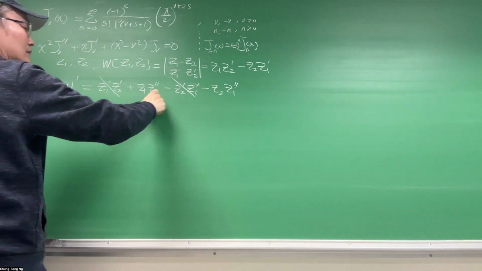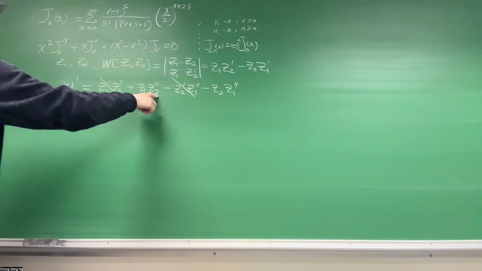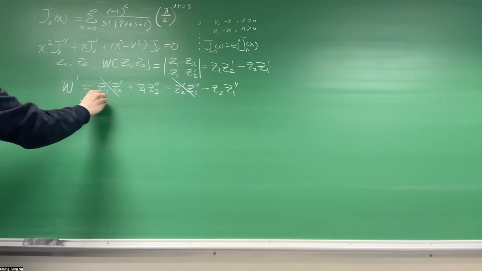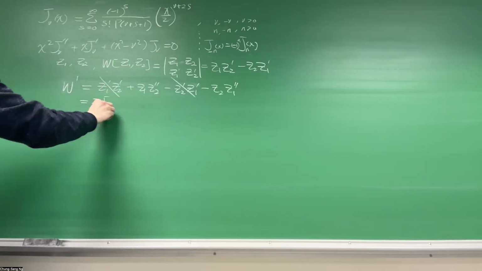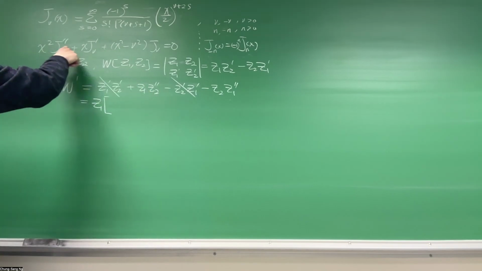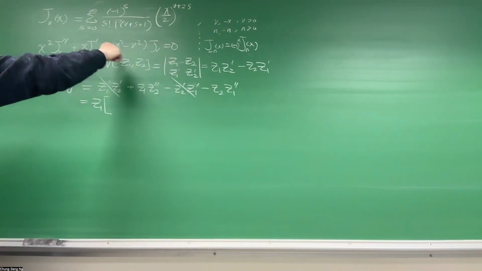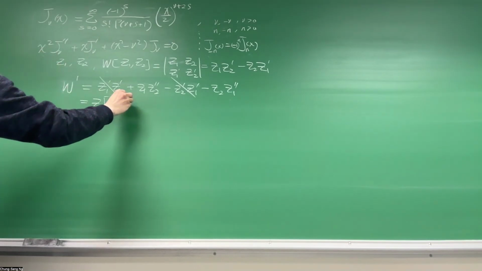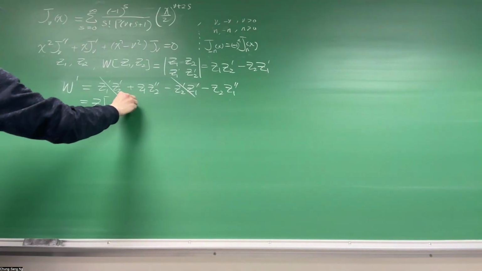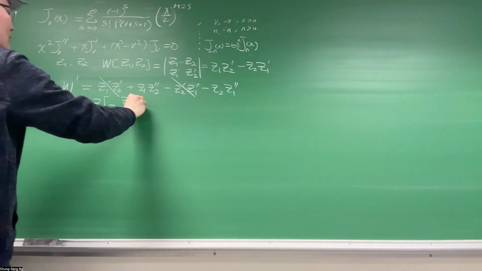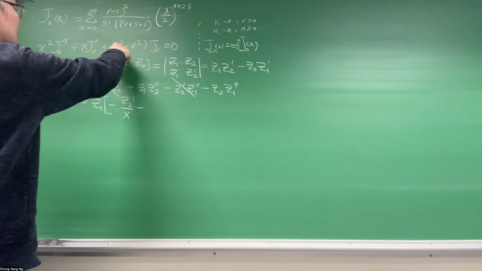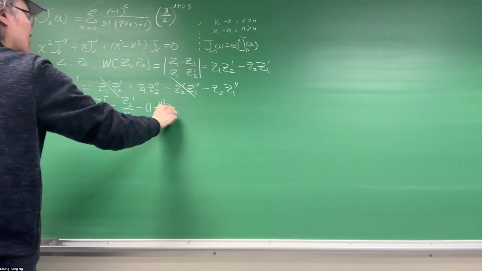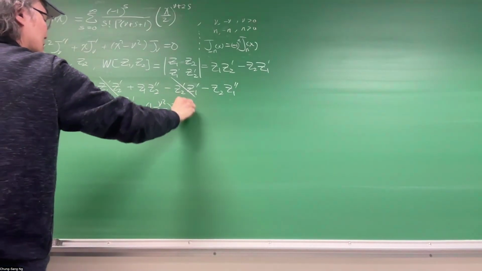And now you have C1 double prime and C2 double prime, and you can use the Bessel equation. C2 double prime is just moving everything to the right hand side and dividing by x squared. You get minus C2 prime over x minus (1 minus nu squared over x squared) C2.